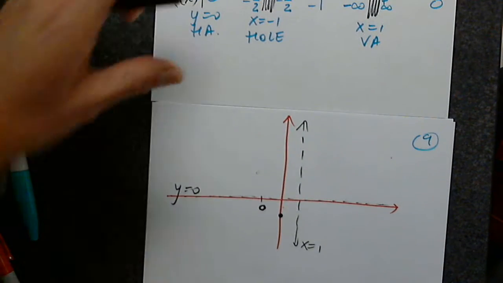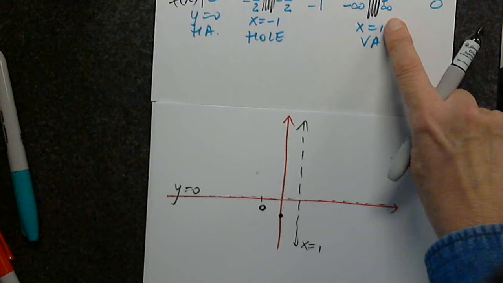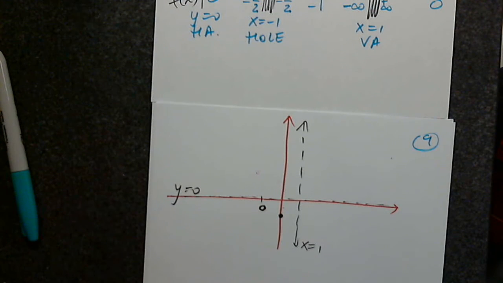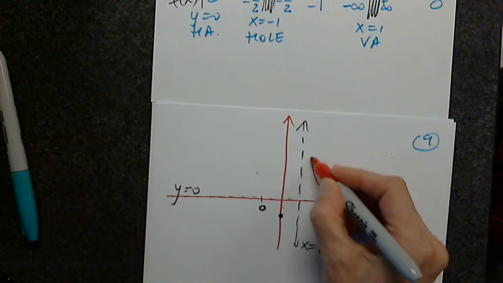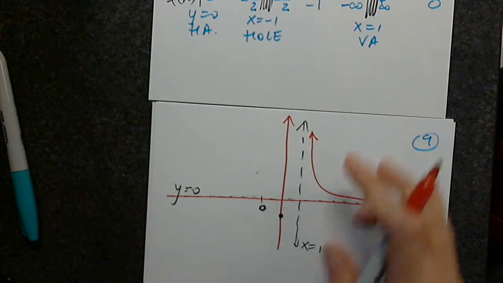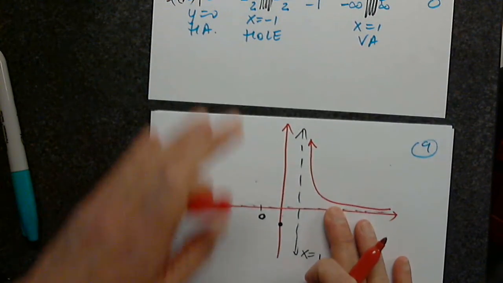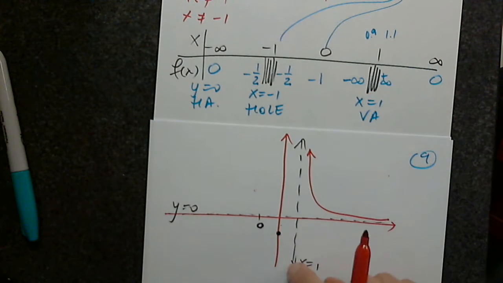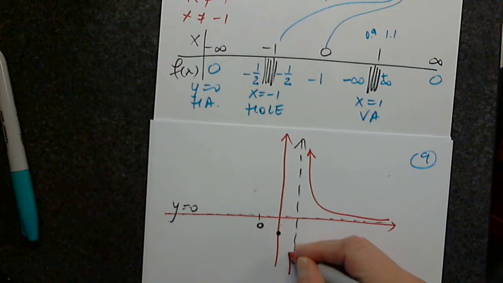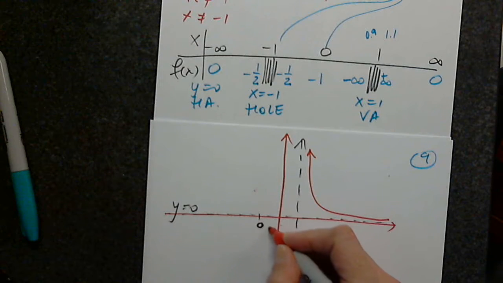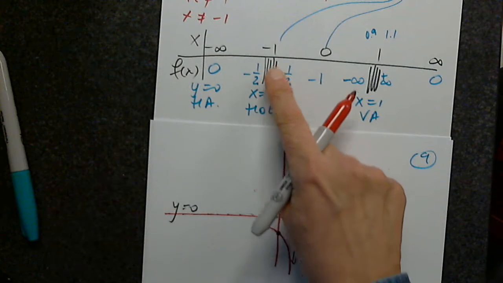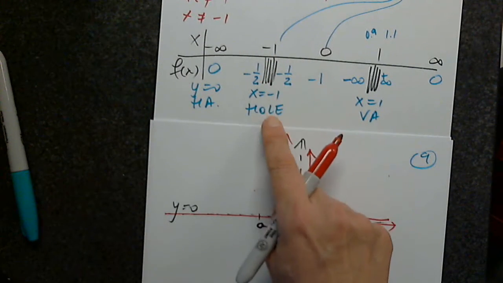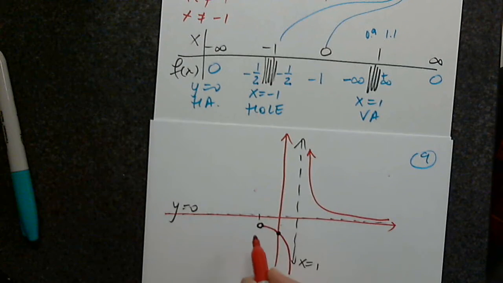So let's try again. From 0 going up to infinity, from 0 to infinity on the right-hand side of the vertical asymptote. Then it's coming from negative infinity, crossing the y-axis, going through this point, negative 1 comma negative 1/2, through the hole, and approaching 0.